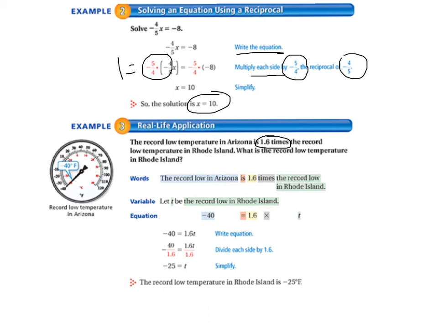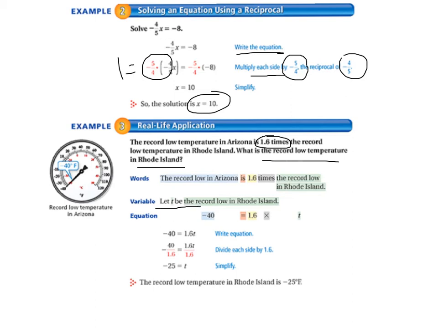So let's look at the words they've chosen. The record low in Arizona is 1.6 times the record low in Rhode Island. So since they're asking us for the record low temperature in Rhode Island, that's the variable, that's what we're trying to find out.